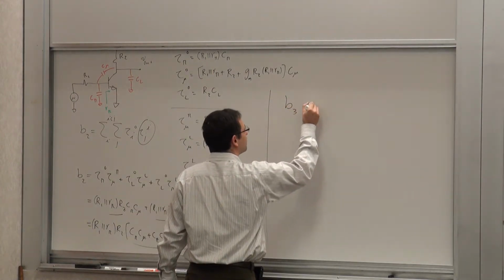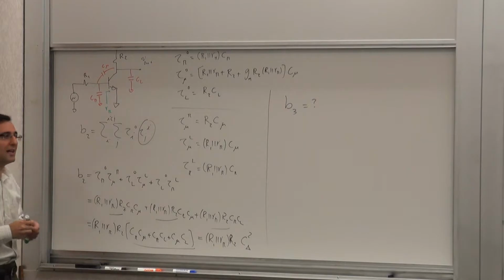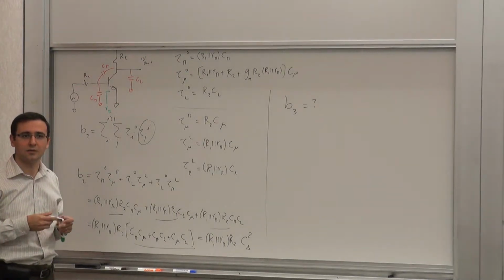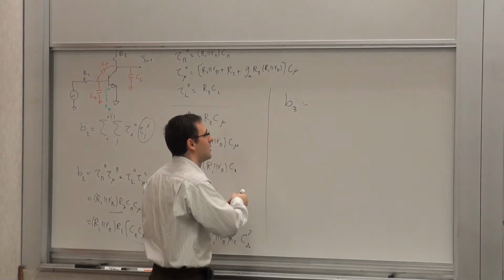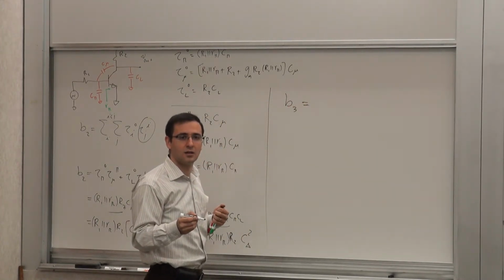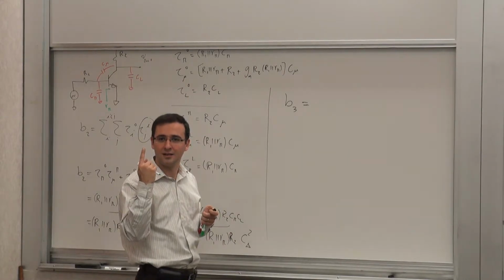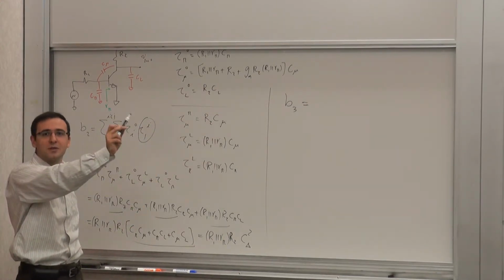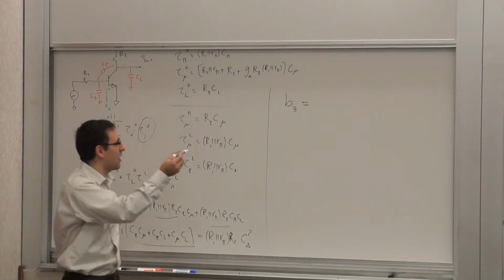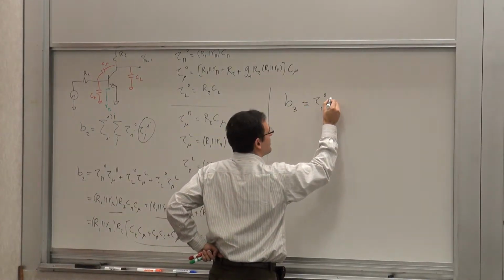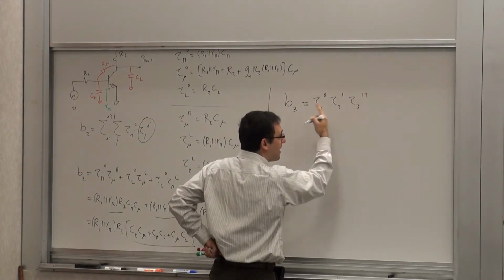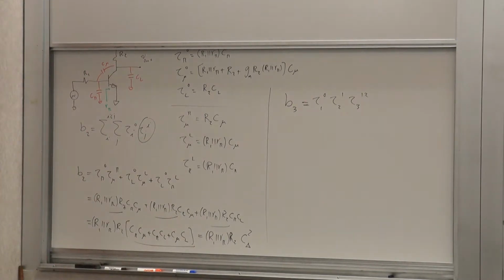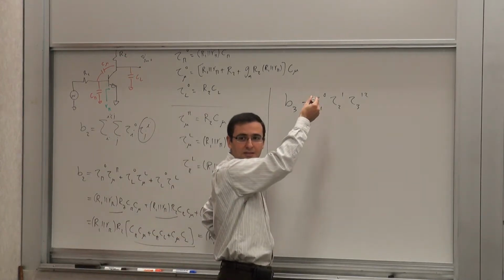What is B3? Tell me. One, because each one can't be equal and they can't go down in the way I wrote the sum.